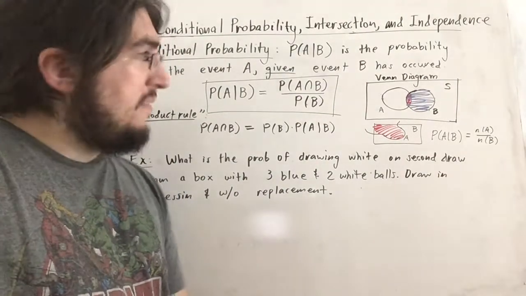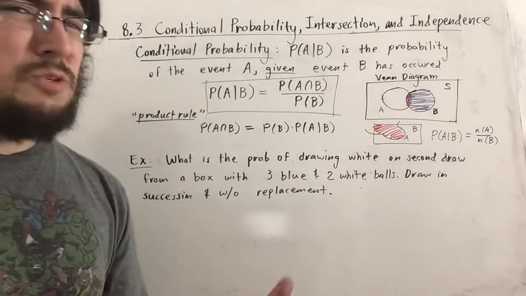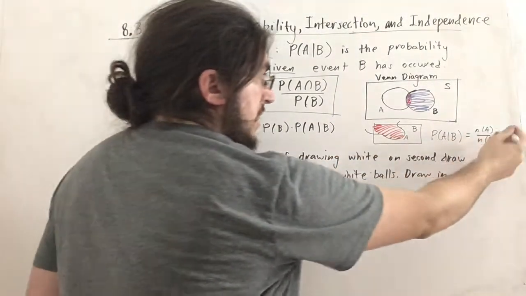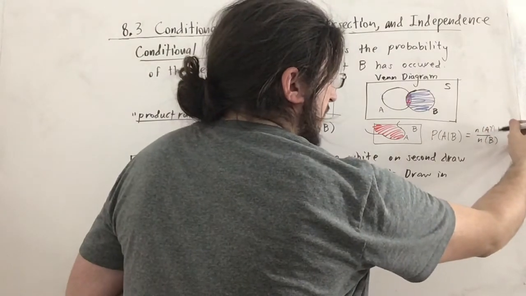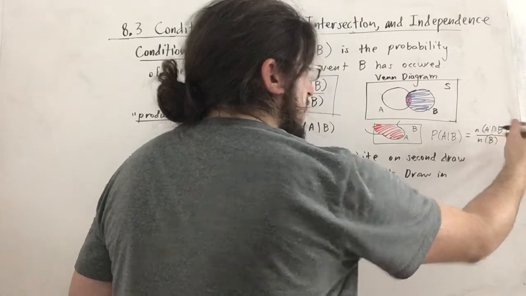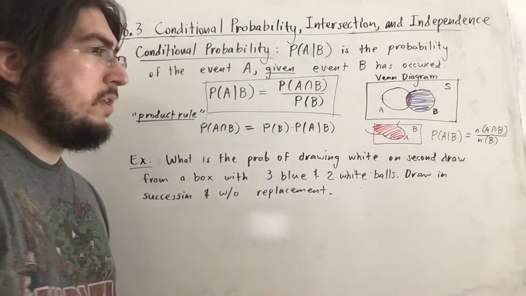All right, so now that we have that idea down, that's really it, but let me just say this. If this is the number of things in A and in B, because it has to be completely in B, but also in A, from the reasoning we just spoke of, really.